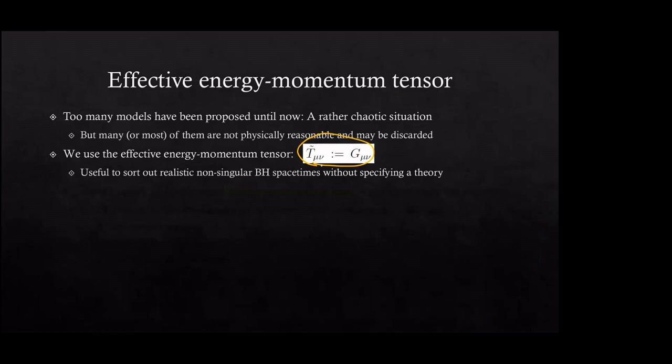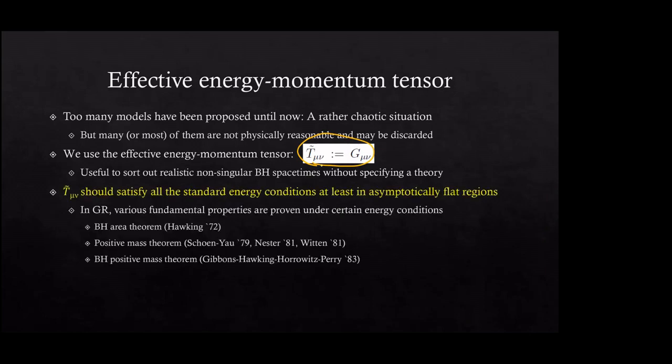And this is actually useful to sort out realistic non-singular black hole spacetimes without specifying a theory. Because this effective energy-momentum tensor should satisfy all the standard energy conditions, at least in asymptotically flat regions. And actually, in general relativity, many fundamental properties of spacetimes have been proven under certain energy conditions.